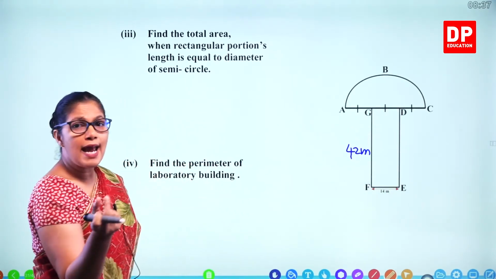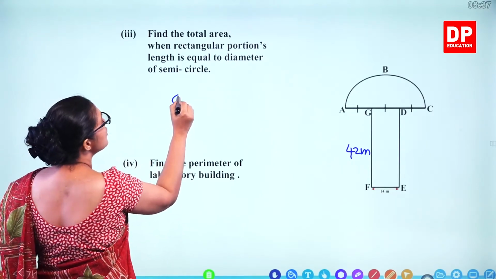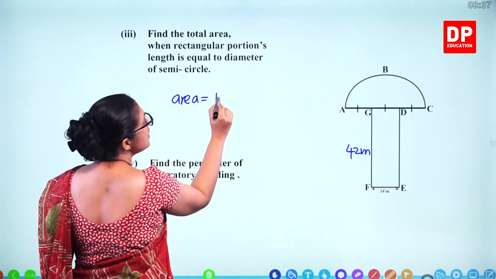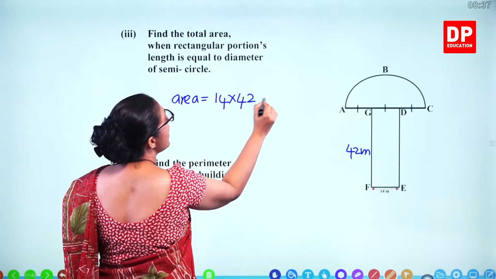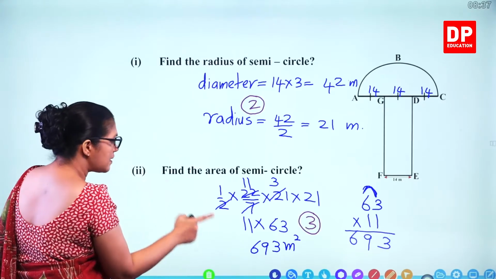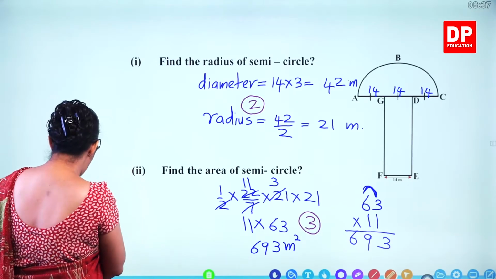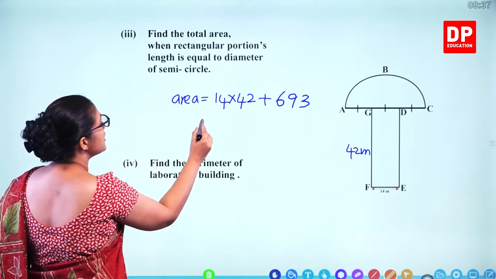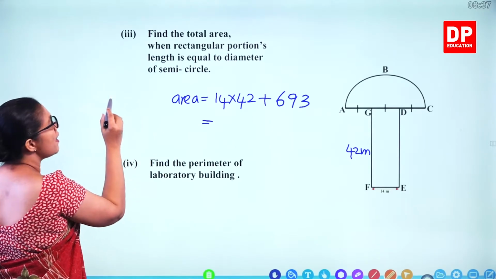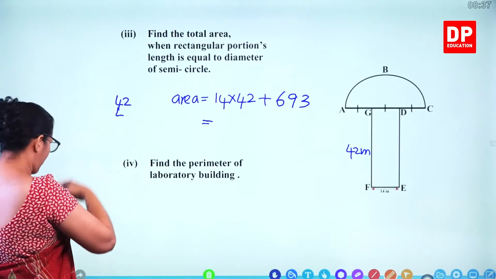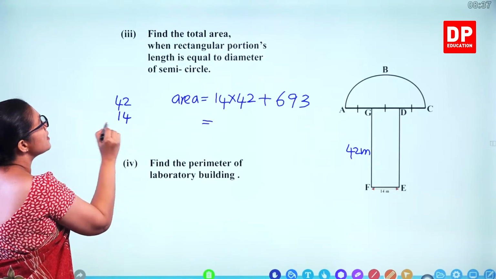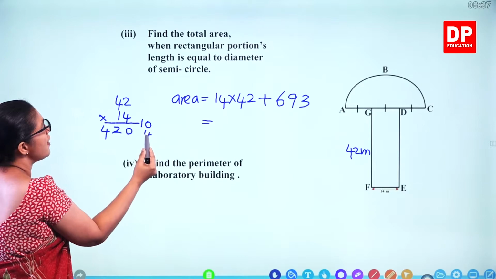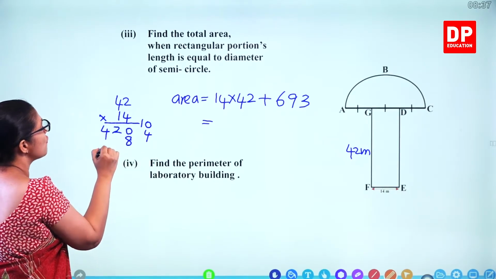So, what's the total area? Total area is equal to area of the rectangle, 14 times 42, plus the area of the semicircular part. We did that, 693. Now add it. So, first we have to multiply 14 and 42. Multiply 10 and 4, you get 420. 4 times 2, 8. 4 times 4, 16.